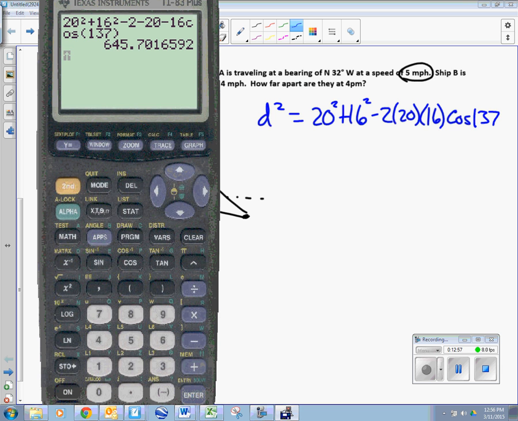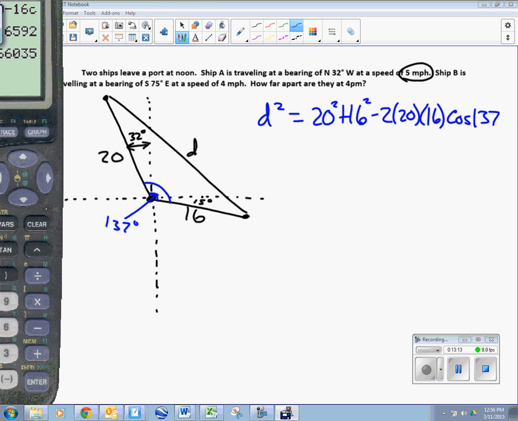Very good. Because the law of cosines says a squared plus b squared minus 2ab cosine of C. They've been traveling for 4 hours. From noon to 4 is 4 hours. 5 miles an hour would be 20 miles. 4 miles an hour would be 16 miles.